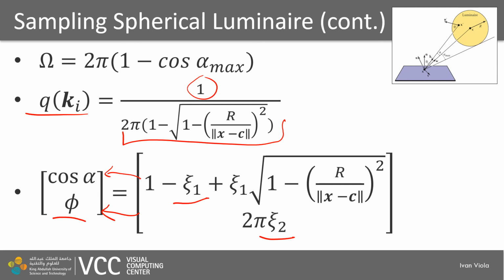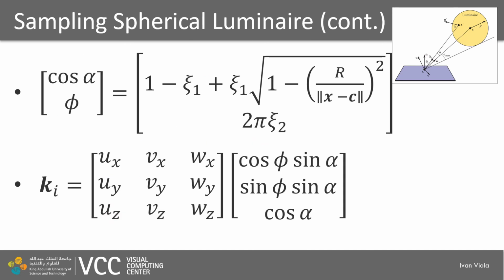alpha and phi, sorry. So by having these two values, we can then calculate the random sample on the luminaire, which is realized through fair sampling, and then proceed with the calculation of our direct light component analogously to the planar light source case.